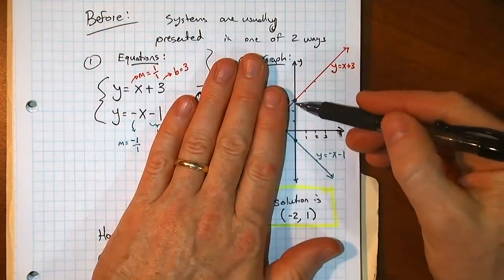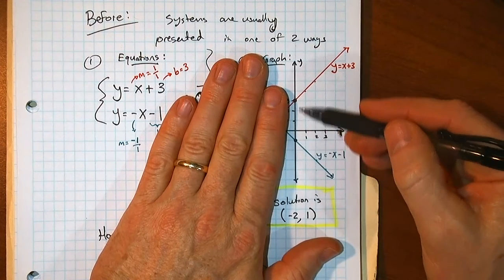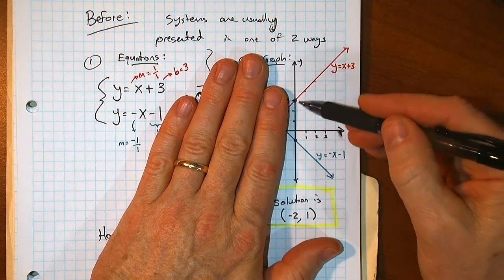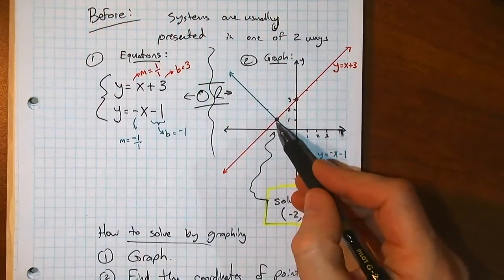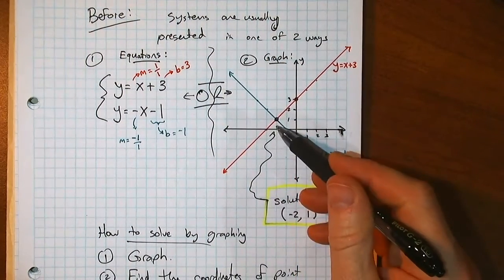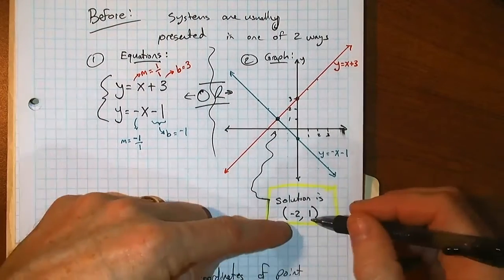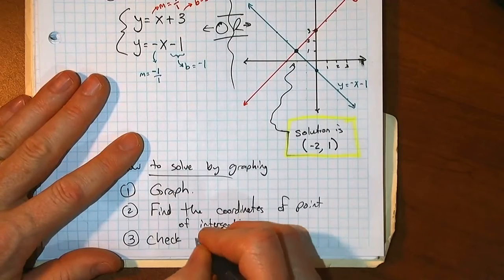For example, right here, both this point and this point have the same x value. They have an x value of 0, but they have different y values. This one's way up here at 3. This one's way down here at -1. There's only one point where they have the same x and the same y. That's what you're finding.